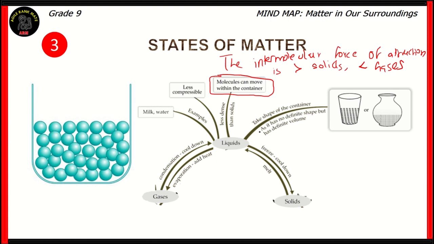Basically, in the middle, it would have little space between the molecules, and thus the molecules can move within the container. For example, if we put a liquid in a water bottle, it would take the shape of the container.